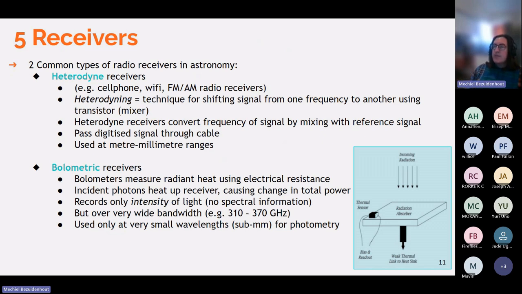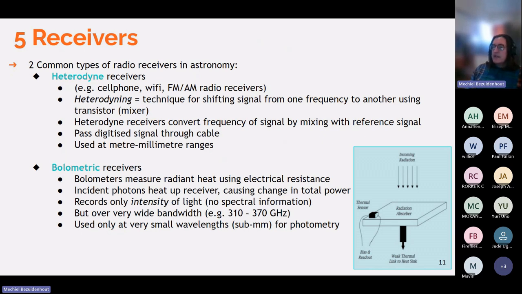And we'll get to that in a bit. But basically, the heterodyne receiver converts the frequency of the signal by mixing it with a reference signal, and then it passes that signal, a digitized signal in modern cases, through a cable where it can be processed by some other devices. This kind of receiver is used prominently from the millimeter to meter wavelengths.